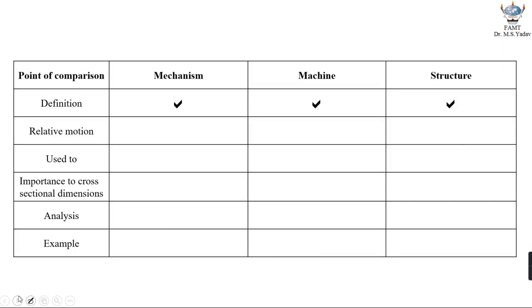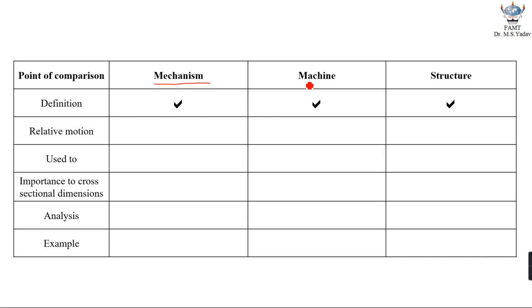The first difference between all three of them is the definition itself. For a mechanism, in a given kinematic chain, if we fix any one link, then the arrangement can be used to transmit motion, and that arrangement is called a mechanism.